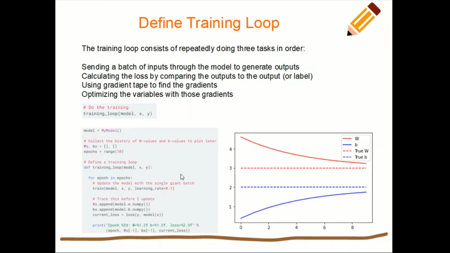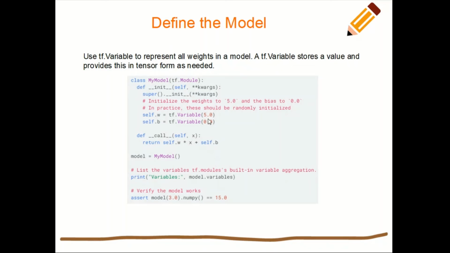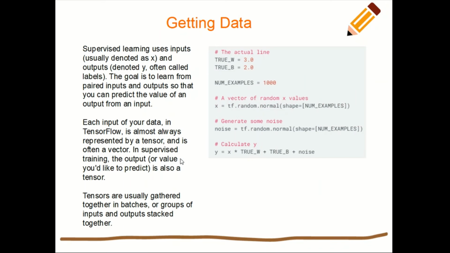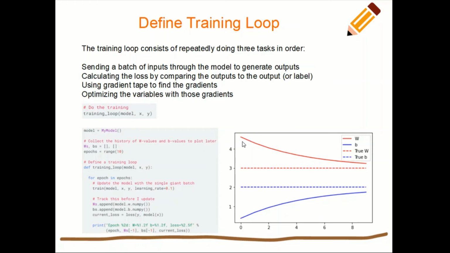And if you once again want to see where we did that, you can see it here. We had initialized these weights and biases to 5 and 0, and our true weights and biases were 3 and 2 here, and then throughout the training it converged to the real values. It started with something else and then converged to this.